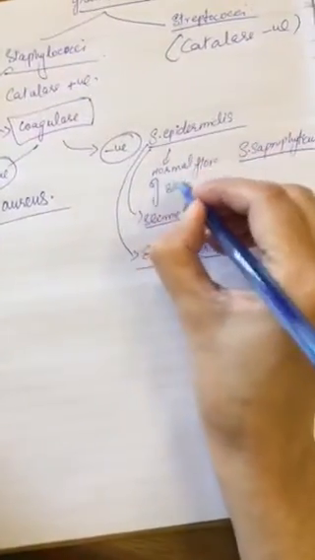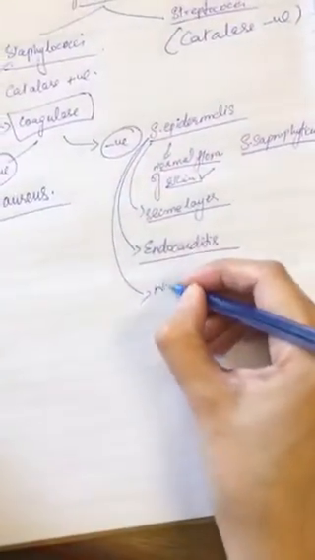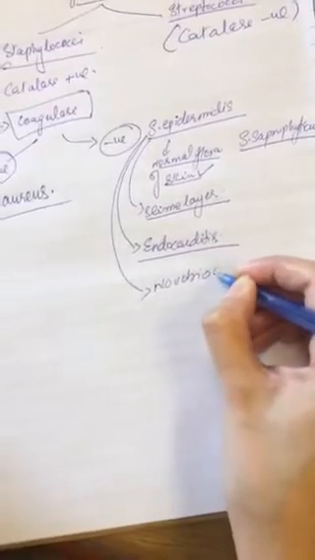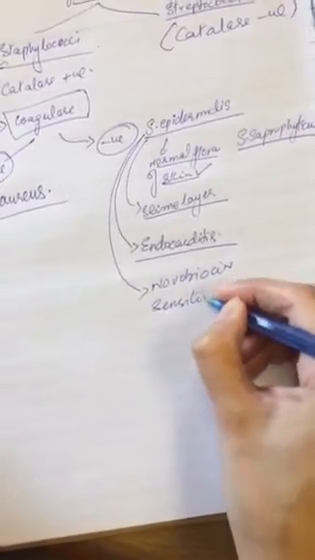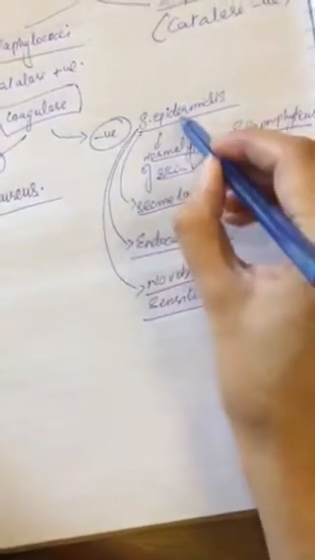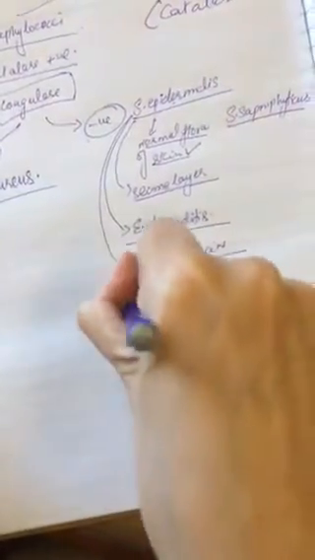However, if it remains at its normal place, which is the skin, it is very beneficial there. And Staph epidermidis is novobiocin sensitive. This is a very important diagnostic point if in the exam you are asked to write its lab diagnosis. So the Staph epidermidis is a gram-positive coccus, catalase positive but coagulase negative and novobiocin sensitive.